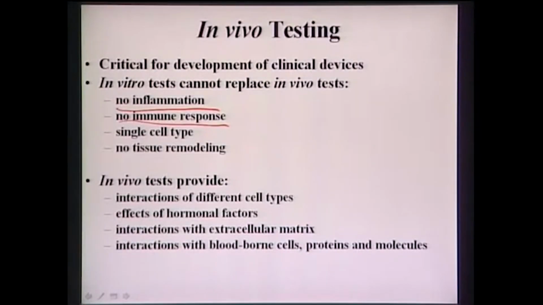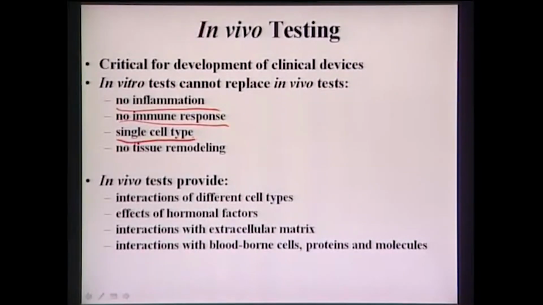The third important point is that in vitro cytotoxicity tests are always carried out with a single cell type. Single cell type means it may be either fibroblast cells, that is connective tissue cell lines, or osteoblast cells, that is the bone forming cells.